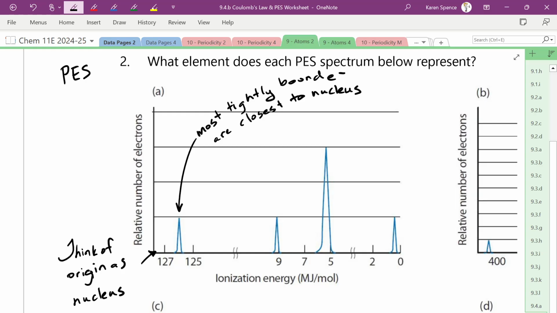Pardon me? Yes? Absolutely. Their R value is the smallest because they're in shell number 1. Okay, so the R value is the smallest, so the coulombic attraction is the greatest.